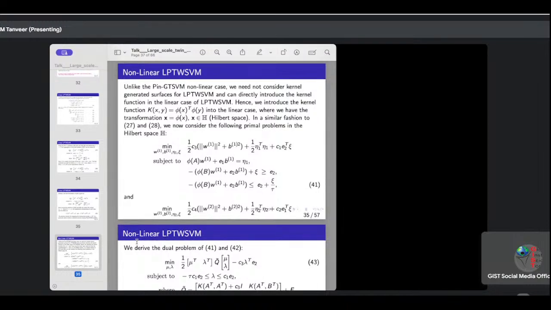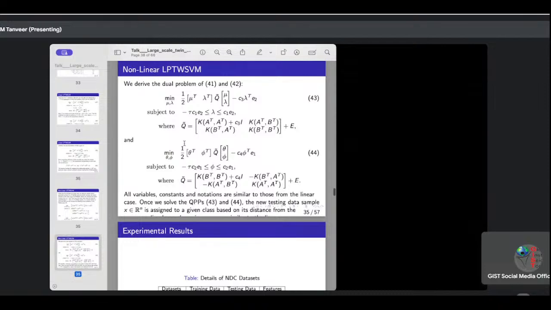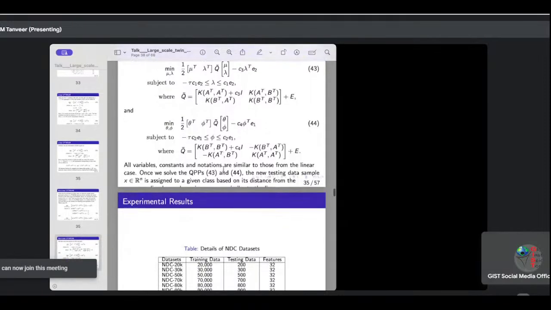For the nonlinear case, as I mentioned, we directly incorporate the kernel trick, replacing A with phi A and B with phi B. By doing that, we proceed in exactly the same fashion and get the formulation in the same way, like 43 and 44, and you can see Q tilde is also of a similar kind.